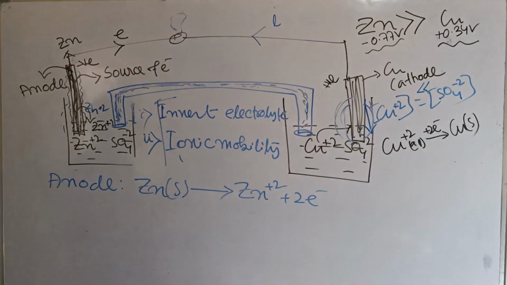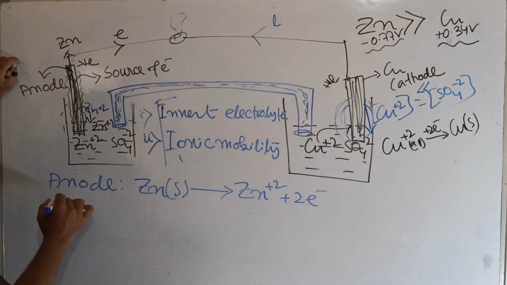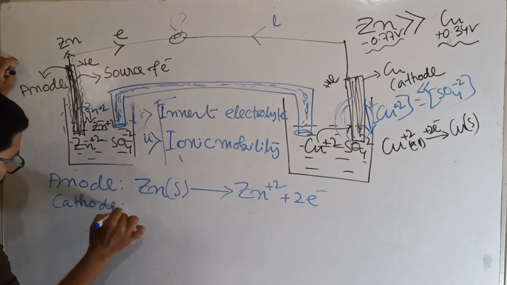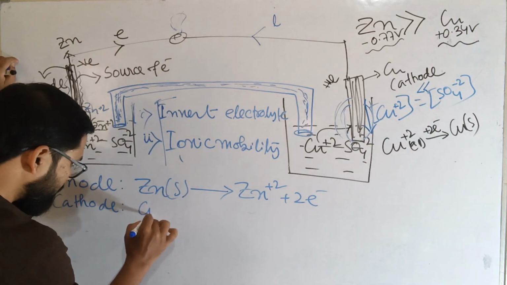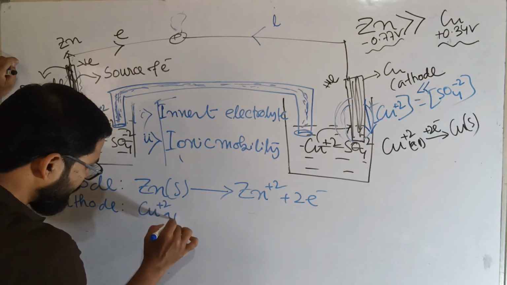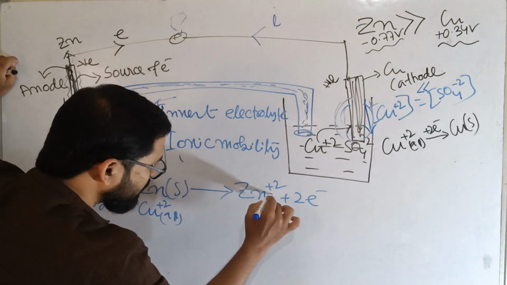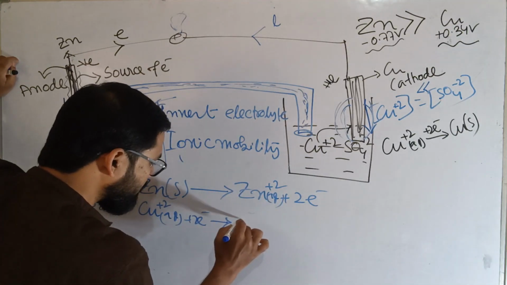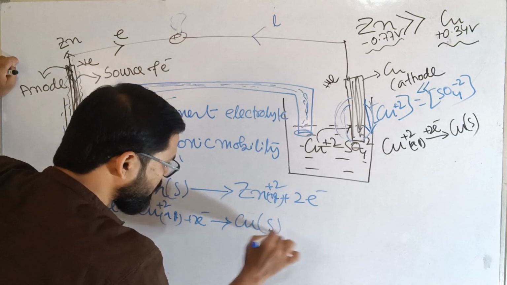This is the anodic reaction. So what about the cathode reaction? Cu+2 aqueous plus 2 electrons to Cu solid.